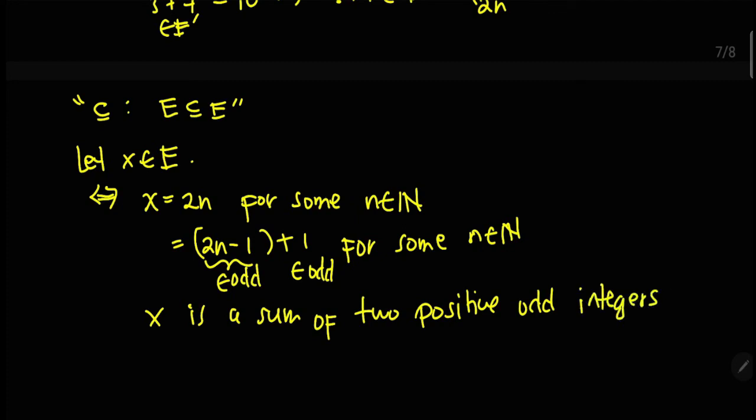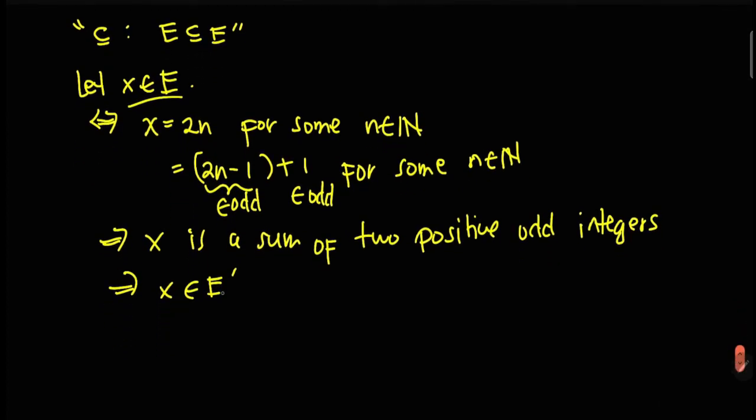And this is the definition of the elements of E prime. So this would imply that x is in E prime. We started with x being an element of E, and we end up with x being an element of E prime. Therefore, we conclude that E is a subset of E prime.